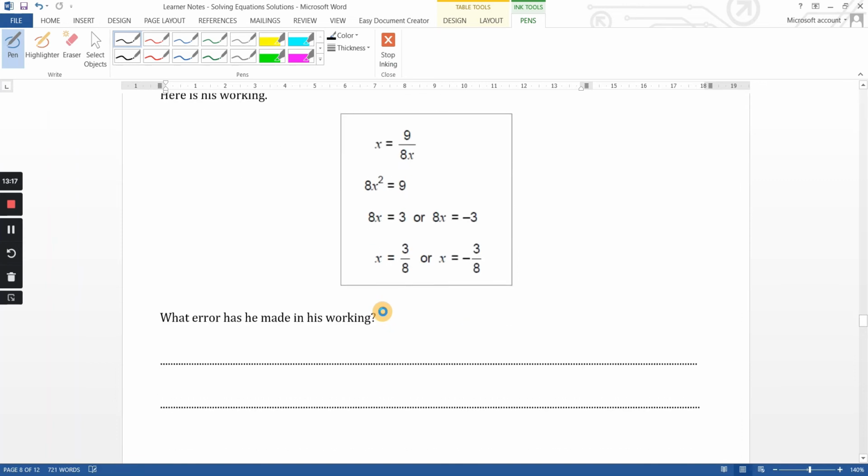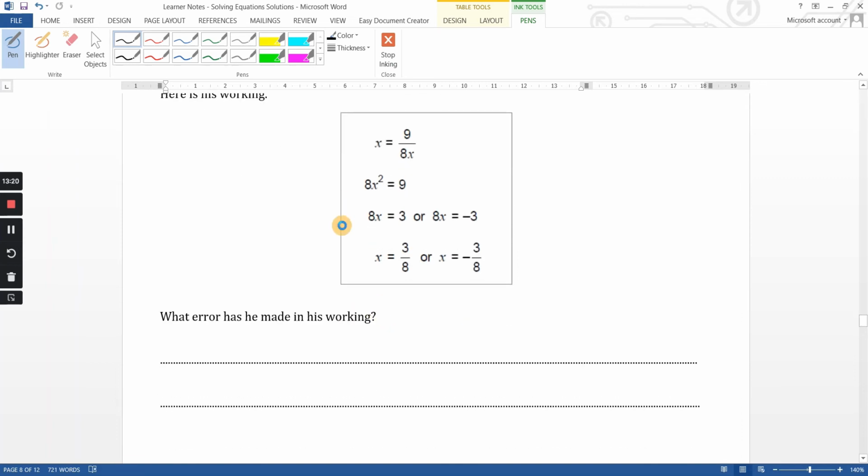So you can just show him what you should have done. You can say 8x squared equals 9. That bit was right. So if you square root both sides, you're going to get square root of 8.